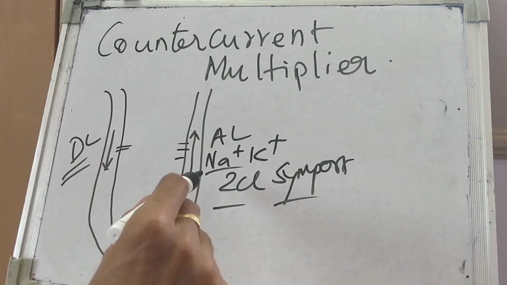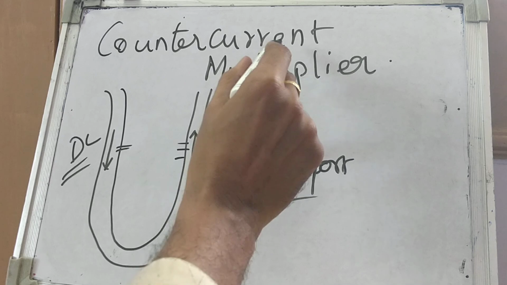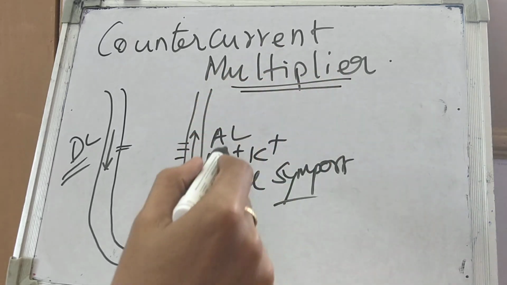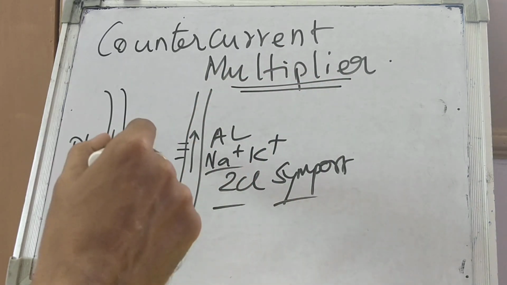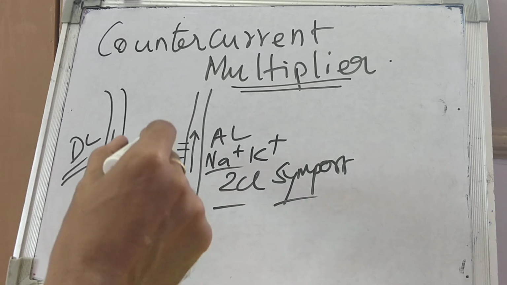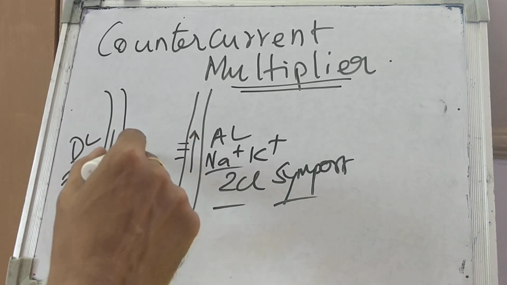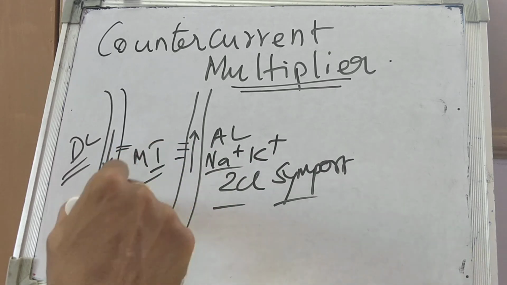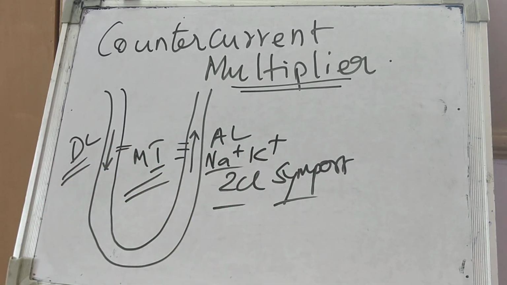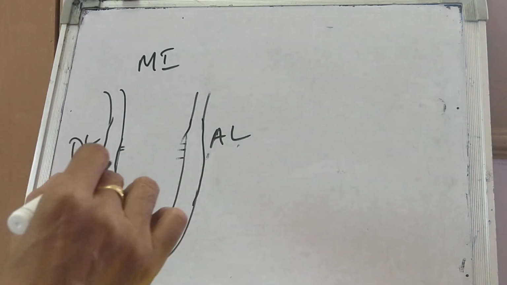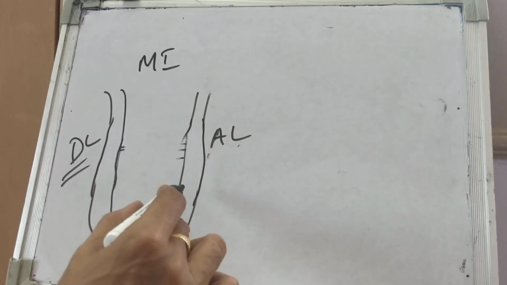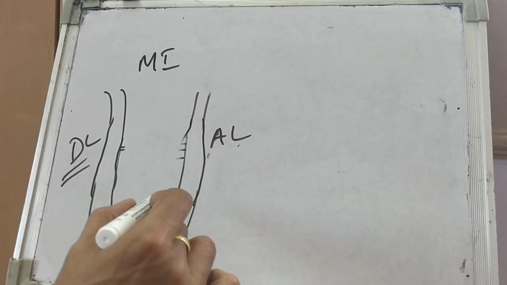So with this introduction, we go for how this Henle loop acts as a multiplier of the osmolarity, how it multiplies, how it increases the concentration of the osmoles or the solutes in the medullary interstitium. So this portion we take it as medullary interstitium. Now we will explain how this Henle loop acts as a multiplier of the osmolarity.